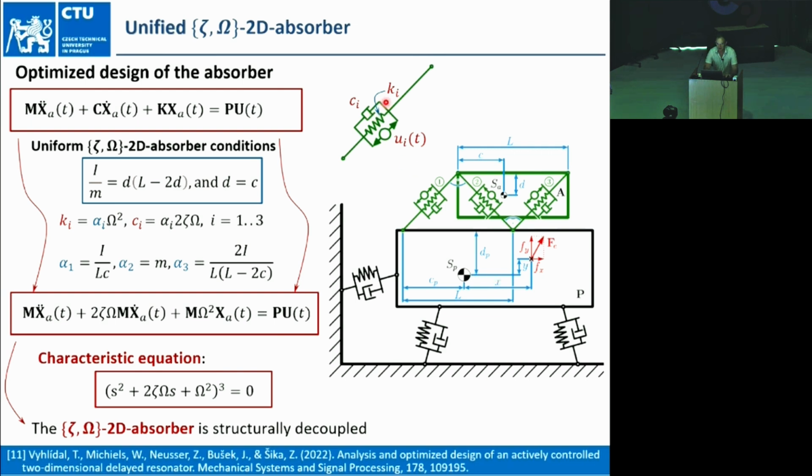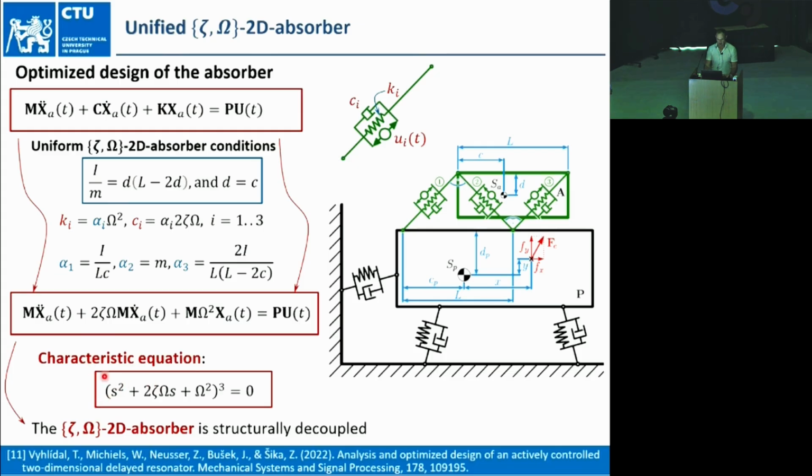So we show that if we select properly the ratio between the absorber link properties, stiffnesses and damping, we can actually physically decouple the system, and then we can use results which were derived for a single degree of freedom vibration absorber for a multi-degree of freedom vibration absorber.